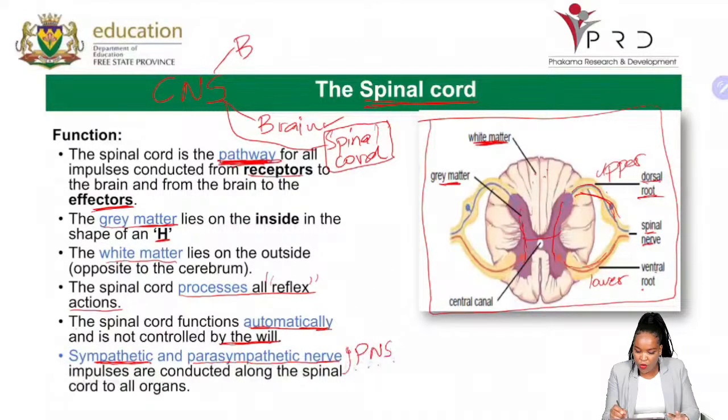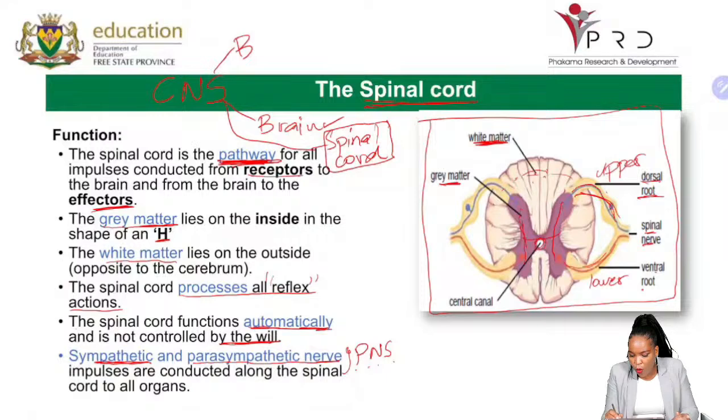Right, so I hope now you see the diagram of the spinal cord. You'll be able to draw a spinal cord. You draw an H in the middle, which is your gray matter. And then you can also give it a central canal there. And then you are going to draw white matter surrounding that gray matter.